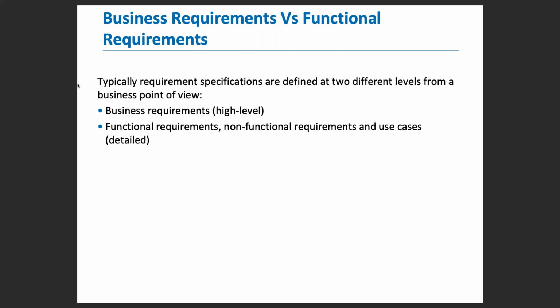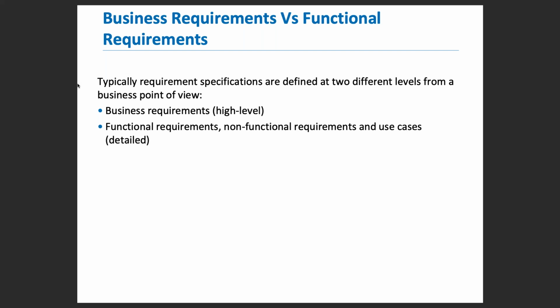Business requirements are very high level. They talk about what needs to be done. They don't talk about the solution. Functional requirements and non-functional requirements are documented as part of the use cases, and they talk about how the business requirements will be implemented. They talk about the solution most of the time.